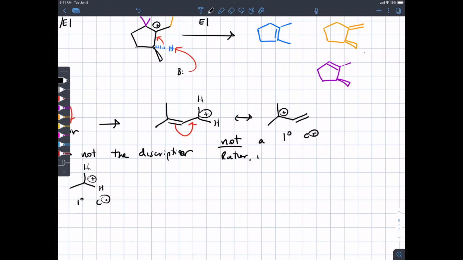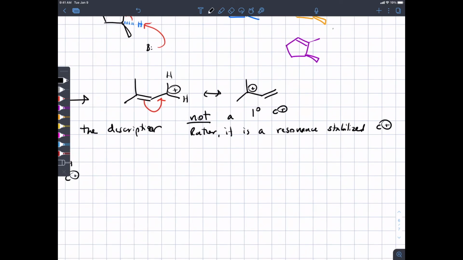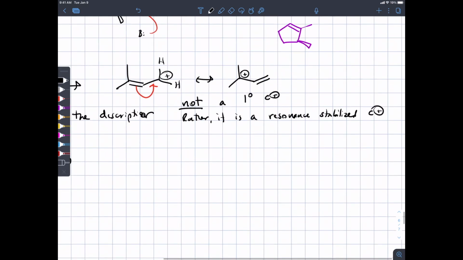Rather, it is a resonance stabilized carbocation, which means it is an okay intermediate. And SN1/E1 are allowed.